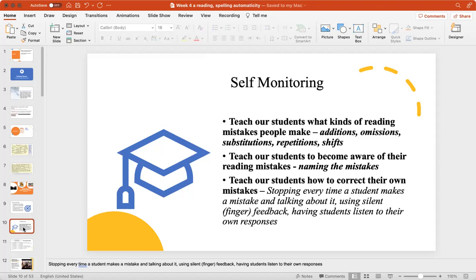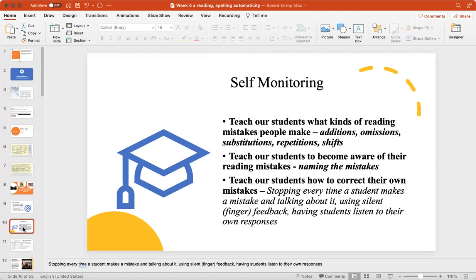The second part of teaching self-monitoring is to work with our students to make them aware of the kinds of mistakes, the particular mistakes that they are making. And quite a number of you, when you described working with your students, said, oh, I saw that my student made this mistake.